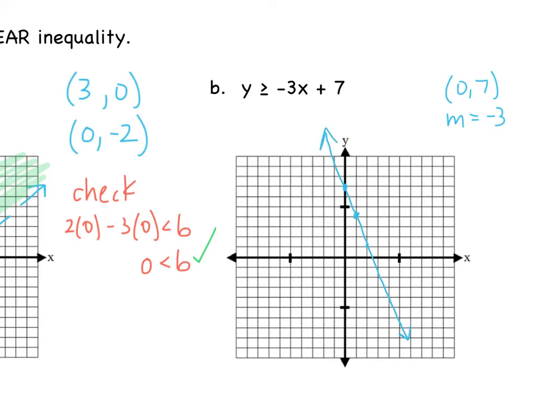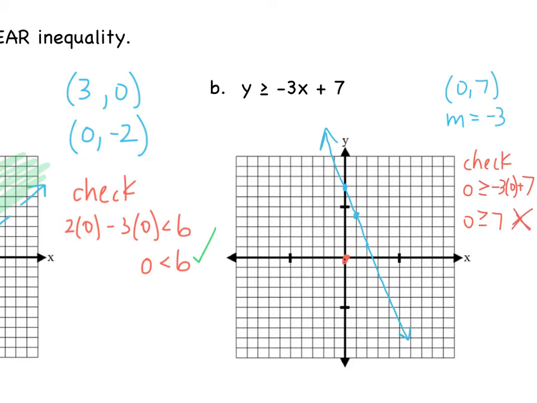And now again, we still need to check a point. Since 0, 0 is not on my boundary, I can go ahead and check that. And if you need to go ahead and write the side note of the check. So when y is 0, is that greater than or equal to -3 times 0 plus 7? And we end up with 0 greater than or equal to 7, which is not true.